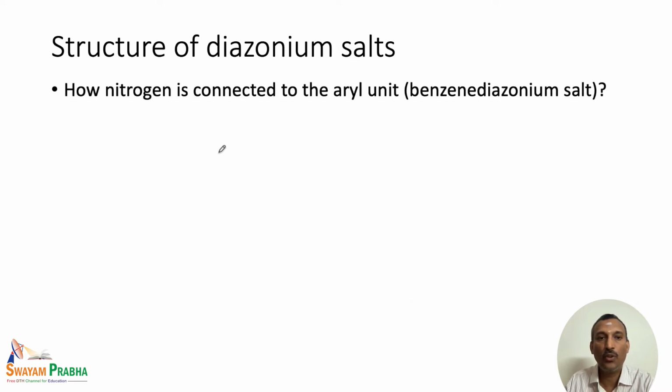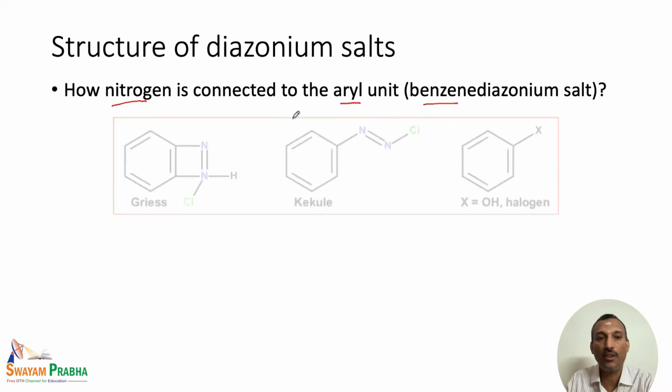So, if we continue with the structure of the diazonium salts, even though we wrote various resonance structures, people were not very clear how the compounds are actually connected. They took a simple salt, the benzene diazonium salt, and were trying to figure out its actual structure and how the aryl unit is connected to the nitrogen.